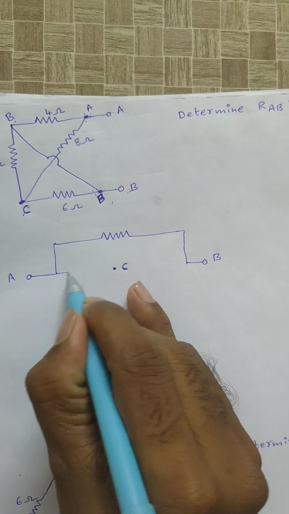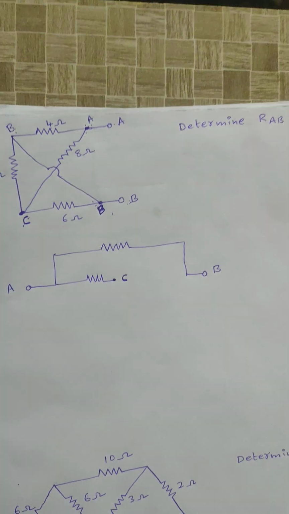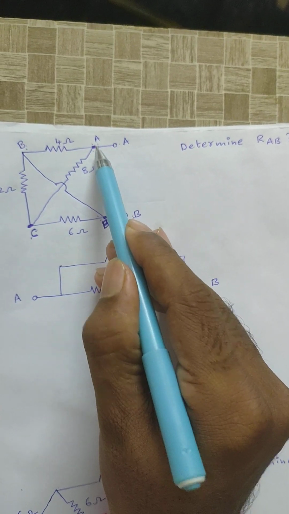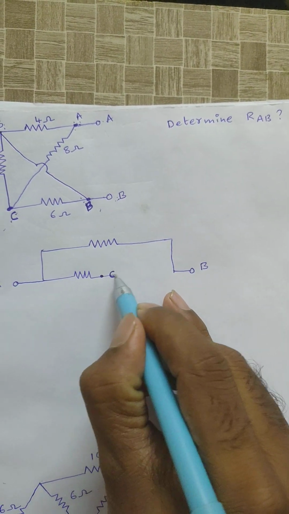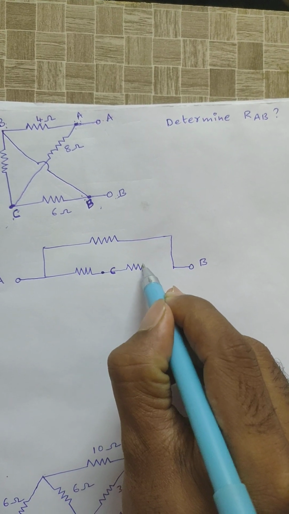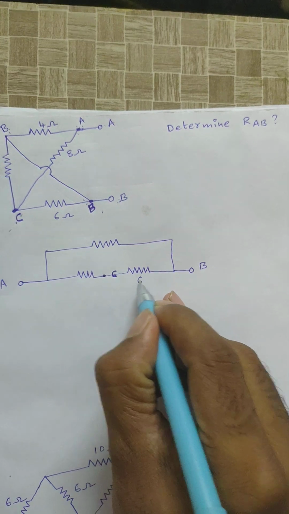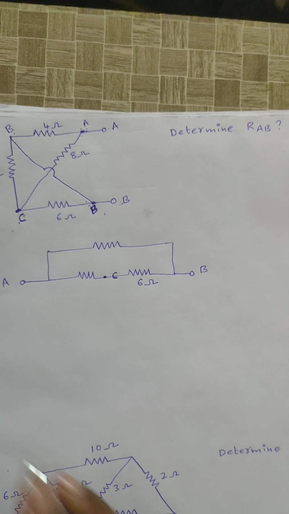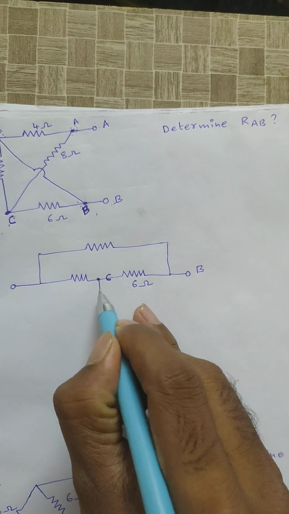This is C point, 8 ohms. Next, A to B is over, A to C is over. Next, B to C, right? B to C, 6 ohm resistor. Next, again B to C, 2 ohm resistor.